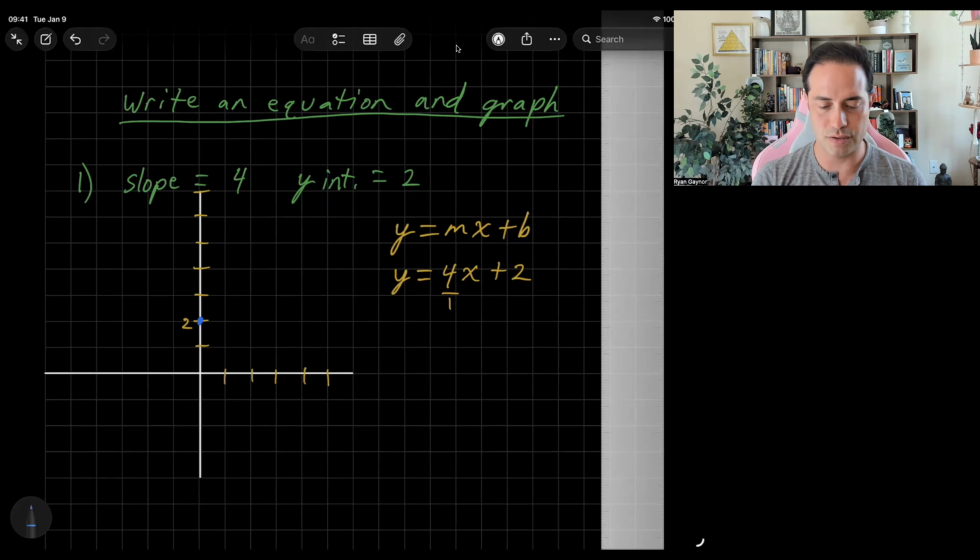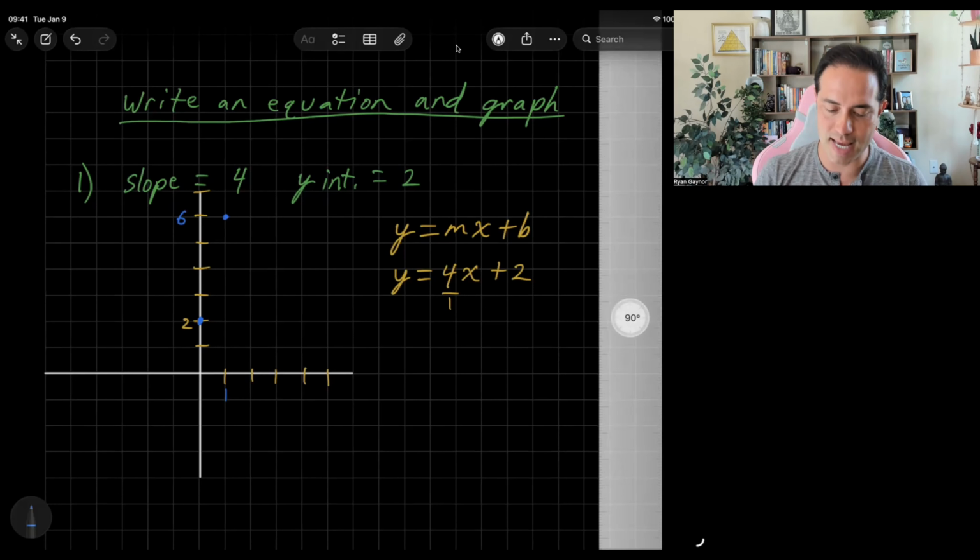So 1, 2, 3, 4. And then for the horizontal movement, I'm going to move to the right 1 place. So it's going to be here. So I started at 2, I moved up 4 places, and then I moved to the right 1 place.